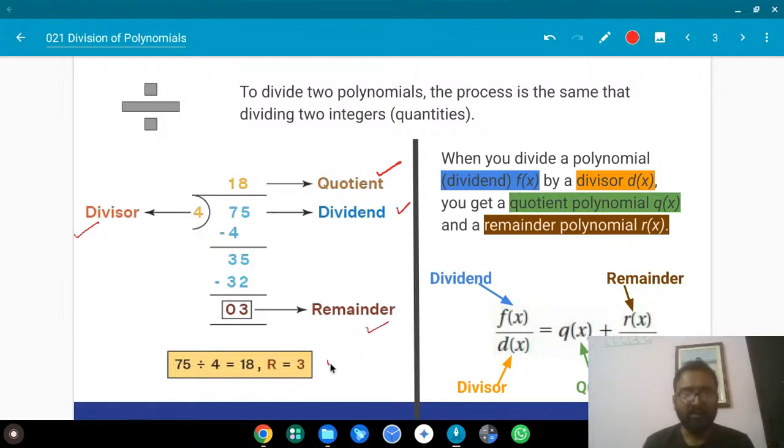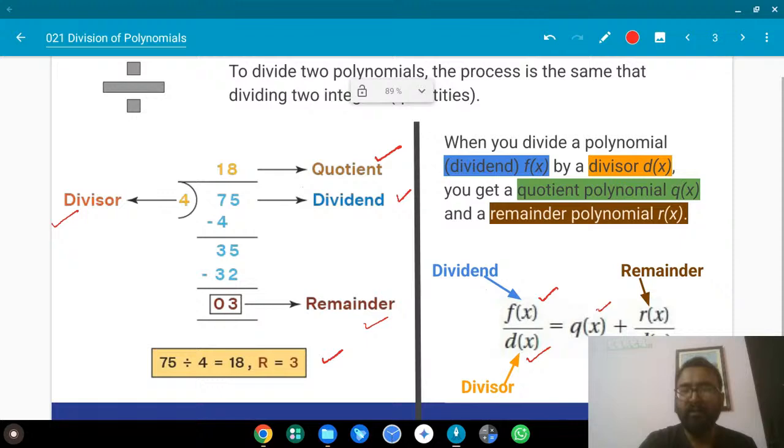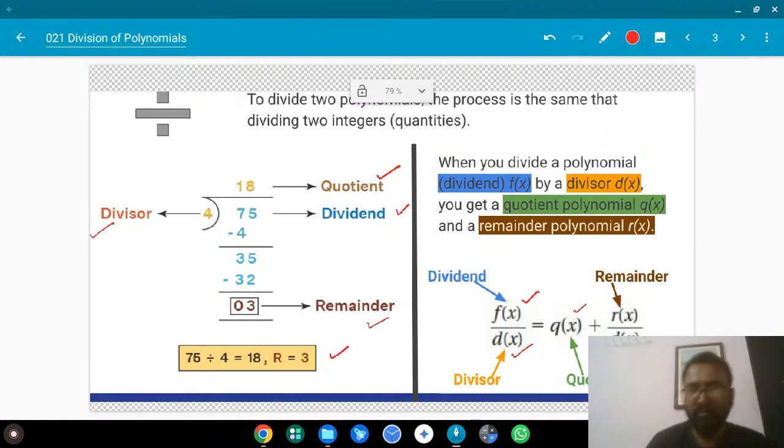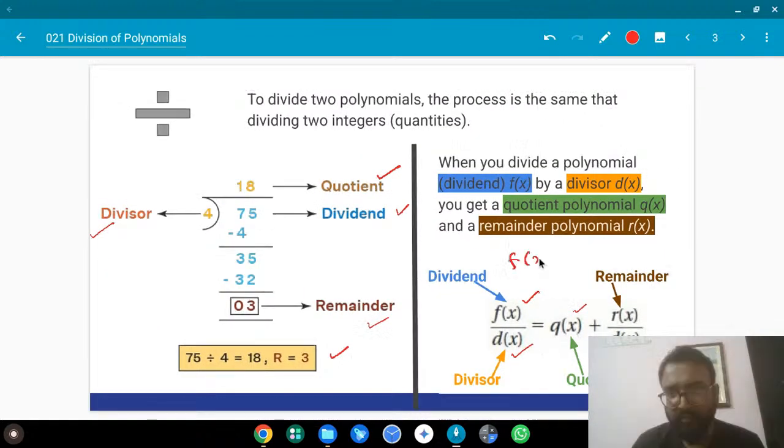So dividend upon divisor is equal to quotient plus remainder by divisor. Otherwise, you can also write it as f of x equals q of x, the quotient, into divisor d of x, plus r of x. This is the most standard form.